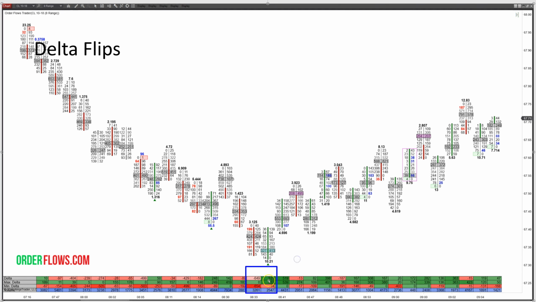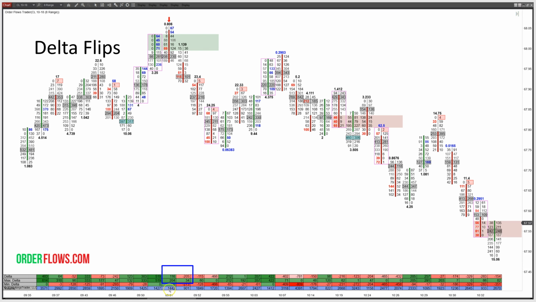Then in the next bar, it's flipped. 531 is the positive delta. Max delta is 533. The min delta is minus 14. So it's a small negative delta in the min delta here. And this is what it looks like. Basically, it went from all sellers to all buyers with very small counter trade against it in the bar.